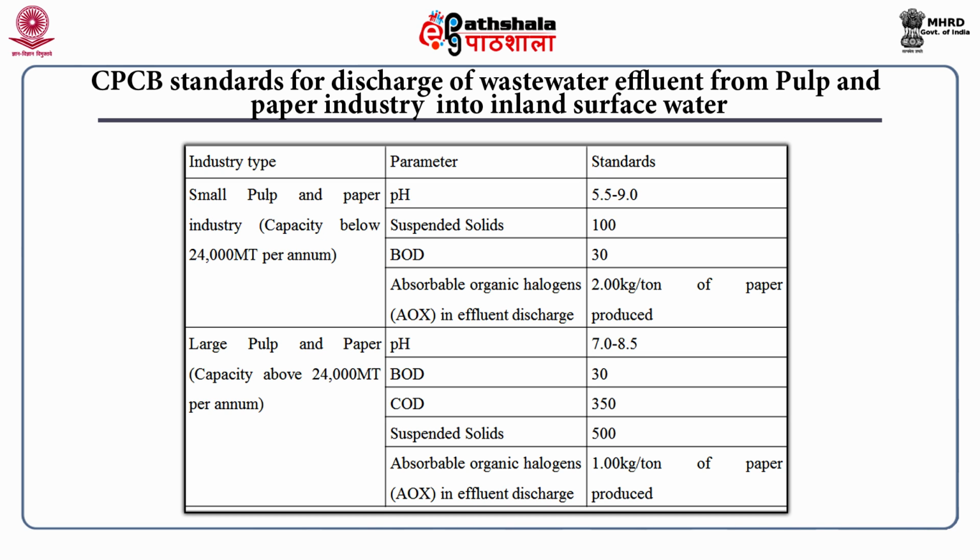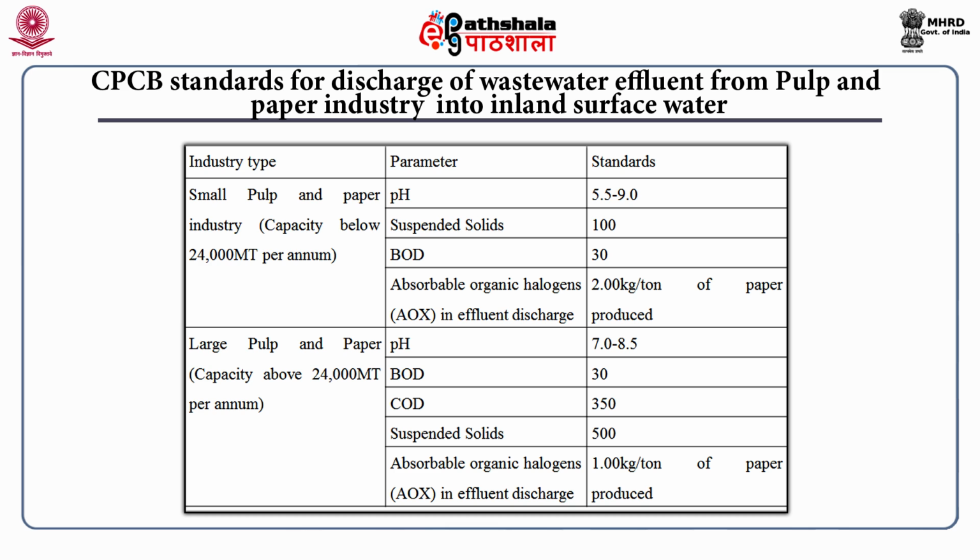The pH of the treated wastewater should be in the range of 5.5 to 9. Suspended solids should be less than 100 milligram per liter. BOD should be less than 30 milligram per liter. Absorbable organic halogens in effluent discharge should be less than 2 kilogram per ton of paper produced.